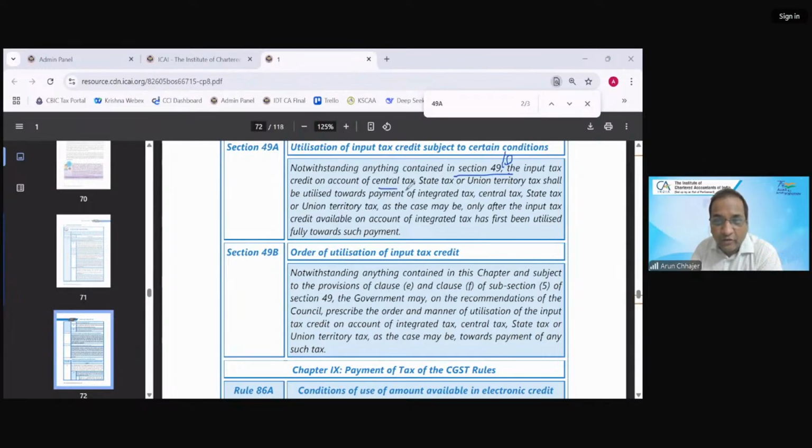It says that ITC on account of CGST or SGST will be utilized toward the payment of CGST or SGST, as the case may be, only after the ITC on account of integrated tax has been first utilized fully. मतलब जब तक IGST का ITC completely exhausted नहीं होता, you will not use सीजीएसटी का आईटीसी और एसजीएसटी का आईटीसी. Is that clear? Is it clear to you?